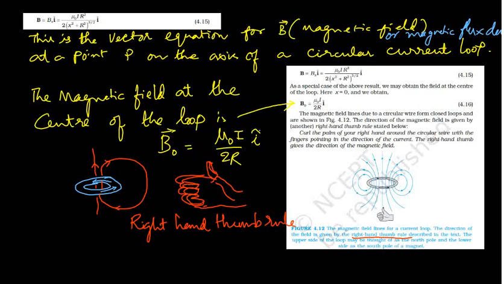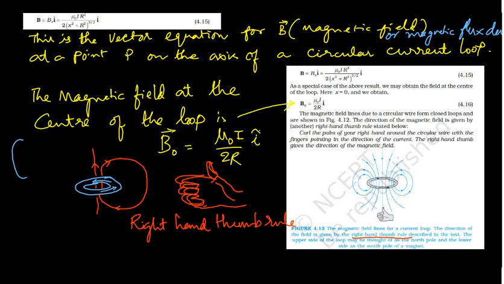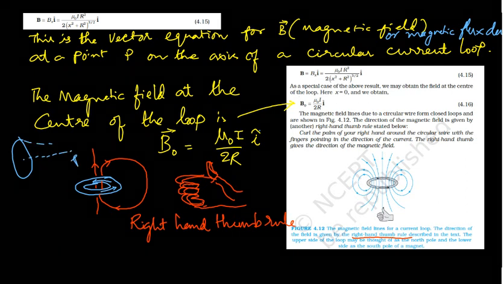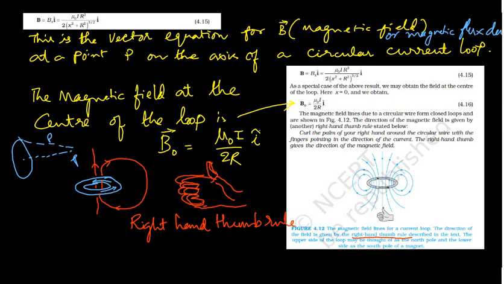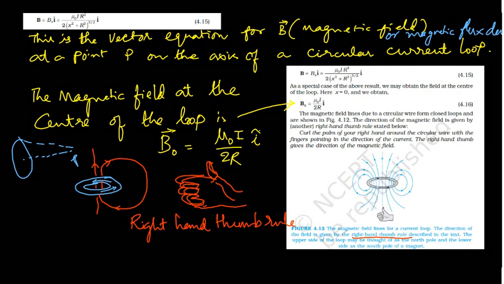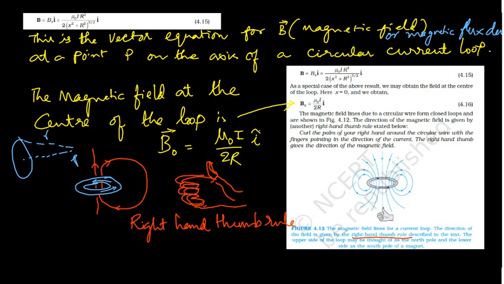Now the magnetic field at the center of the loop itself, where x equal to 0. If you remember the picture, we drew a loop and a point P, and we said this is the distance r, but that's not the radius; this is the radius r, and this is the x.